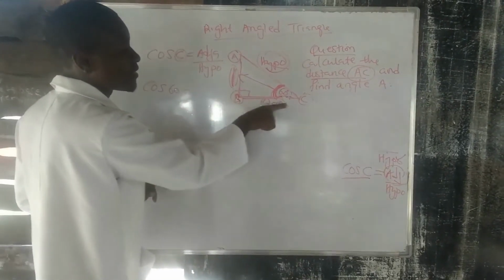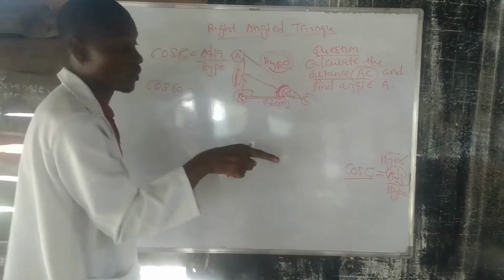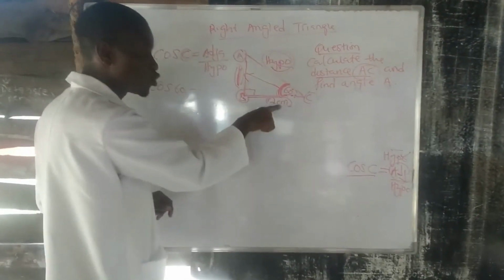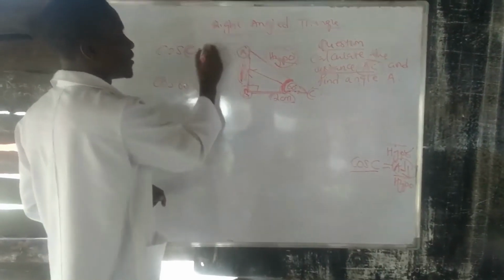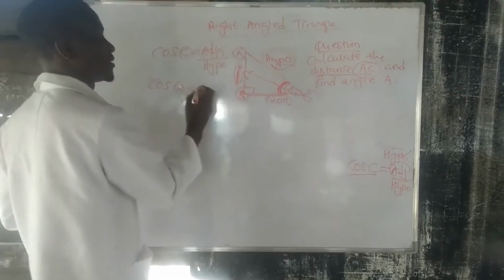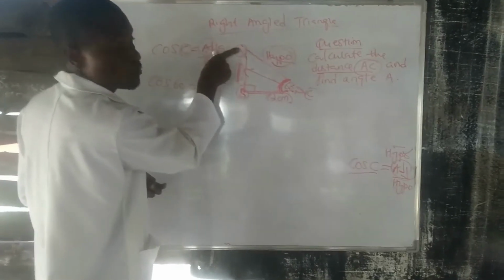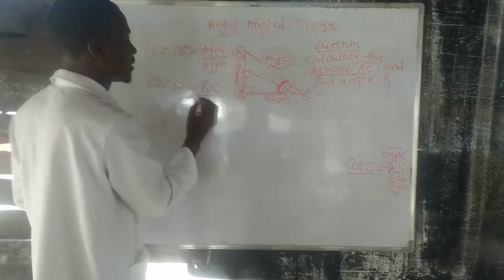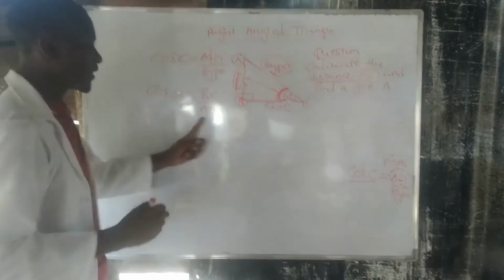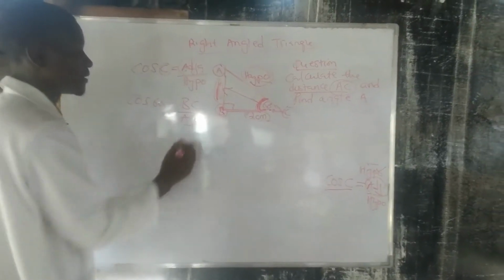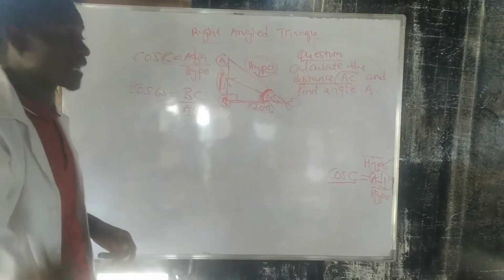The adjacent is the side nearer to the angle, so automatically 2 centimeters represents the adjacent. Or if you want, you can say the adjacent is BC over the hypotenuse, which is represented by the letters in the diagram as AC.